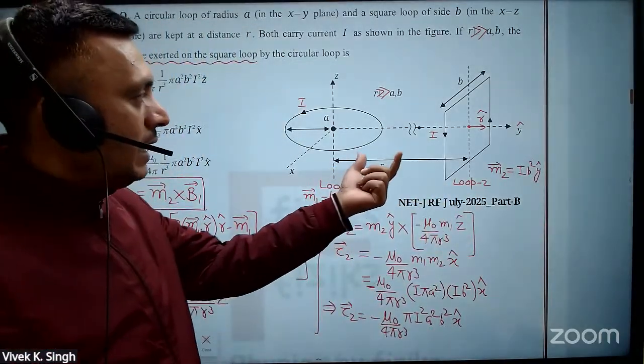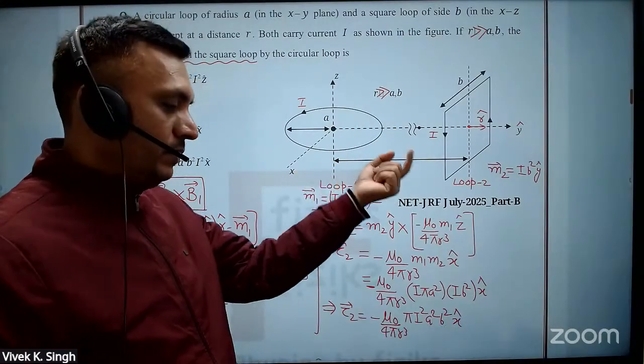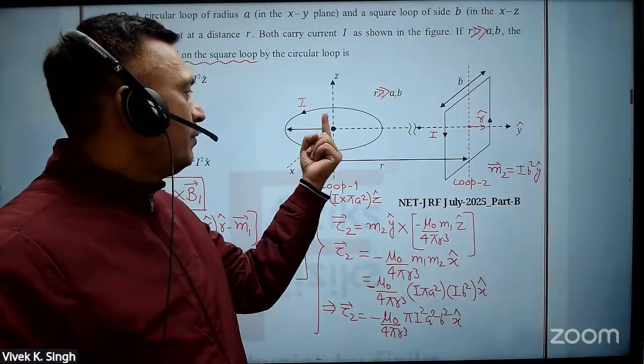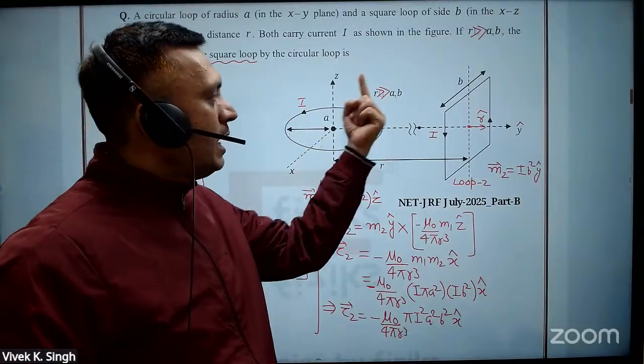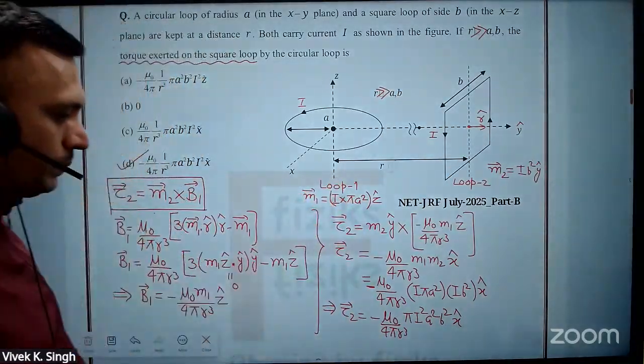So that is the case of a dipole in an external magnetic field. So the magnetic field is in the case of the dipole itself. That's why I have calculated the magnetic field due to this dipole, and then we have calculated the torque. So please note it down.